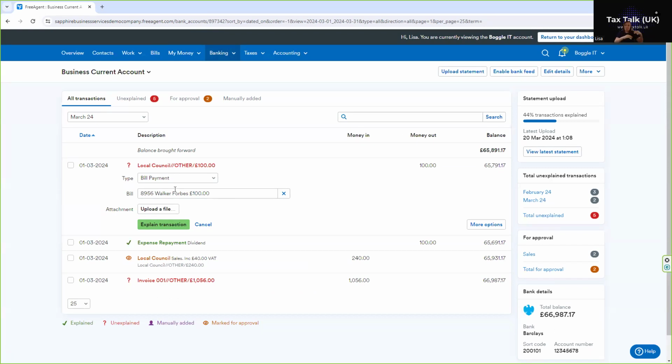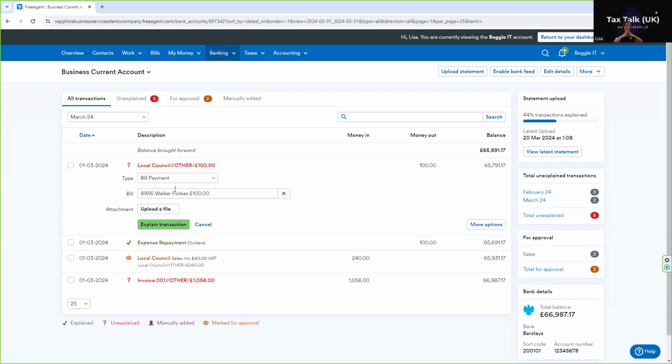But as we just mentioned, it is outstanding with that supplier. So by allocating that payment to the bill, marking it paid, you are reducing the bank balance and reducing the amounts owed to your creditors. So that is when you will use a bill.